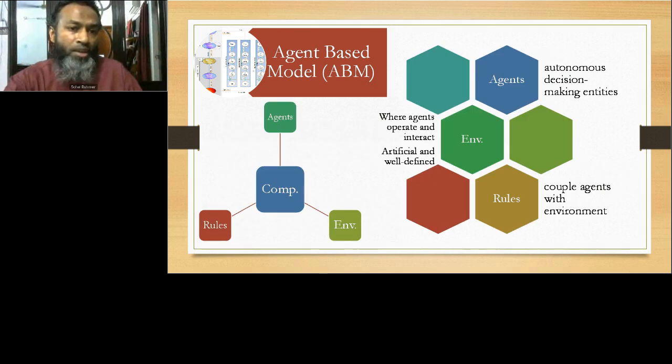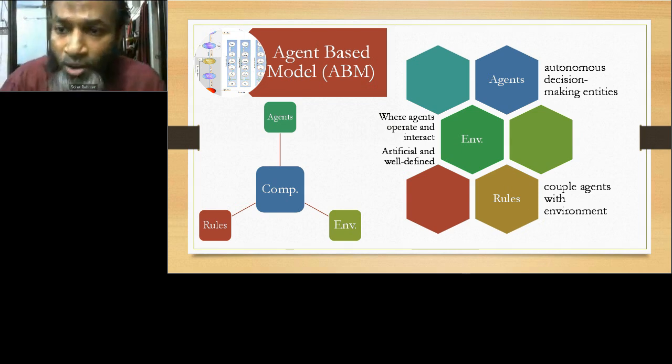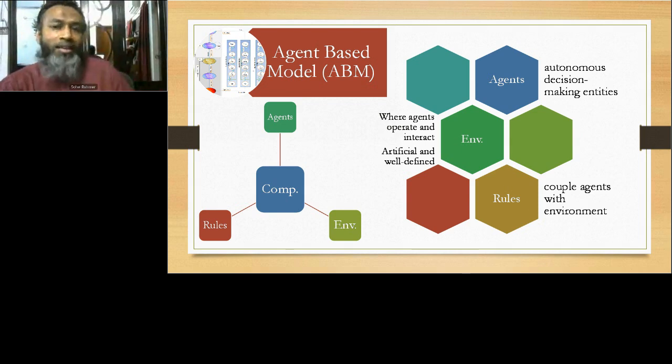There are three main components: agents, rules, and environment. Agents are autonomous, and they work with some specific rules which govern how the system will work, and they interact with the environment, and based on these rules the system works out.